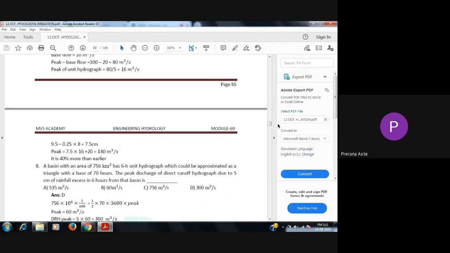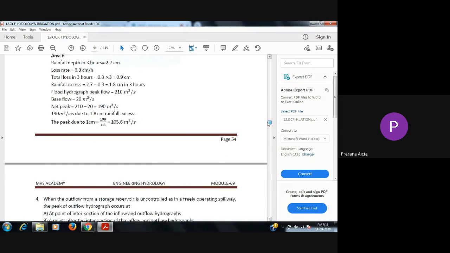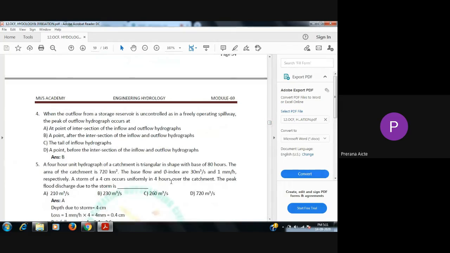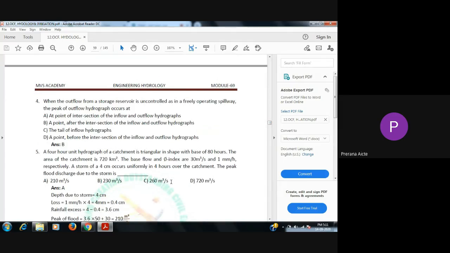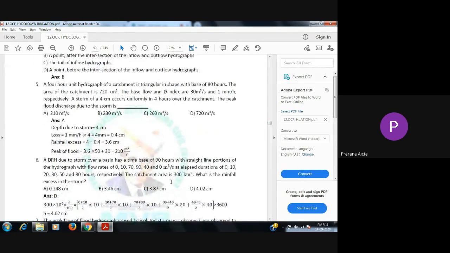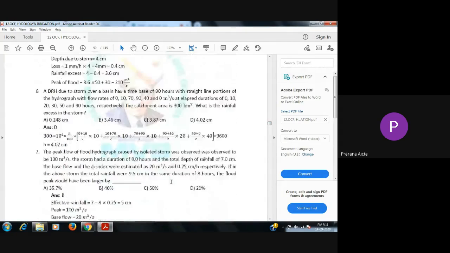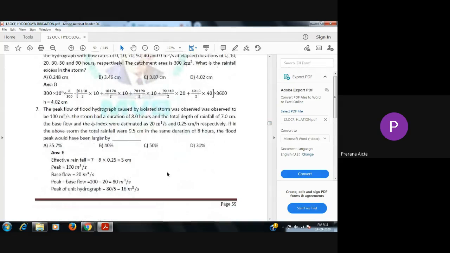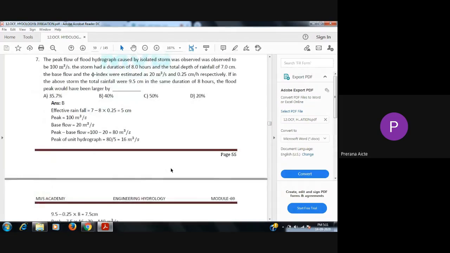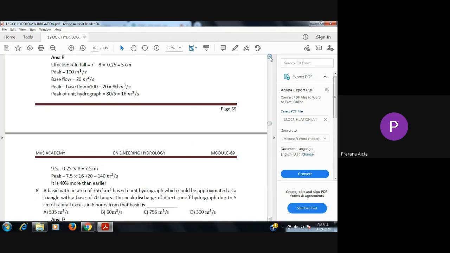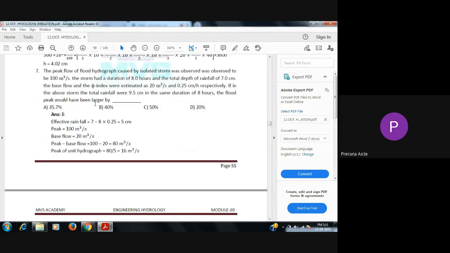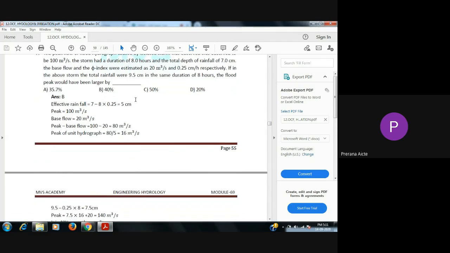Now we see 9.5, right? If in the above storm the total rainfall is 9.5 centimeter, then how much?